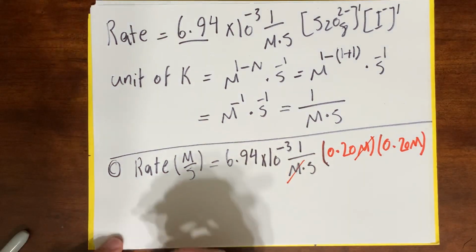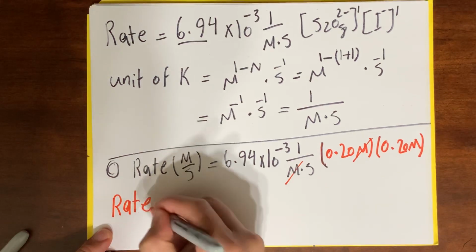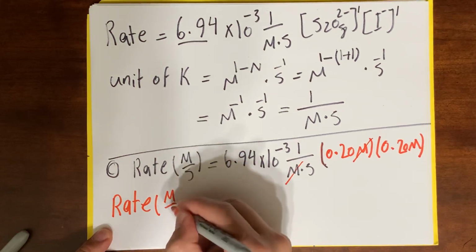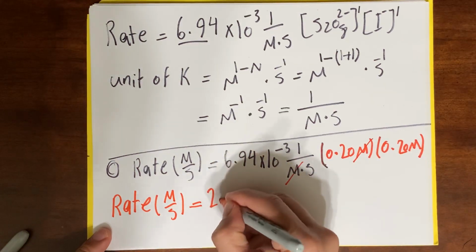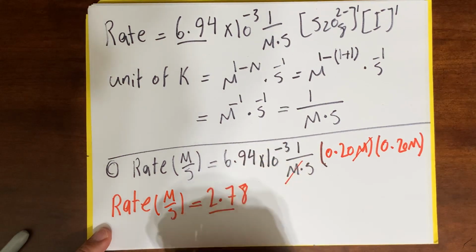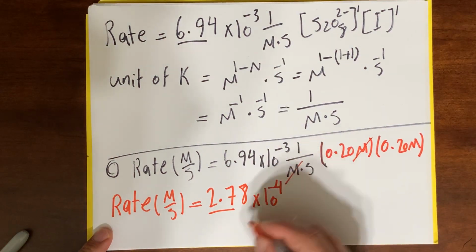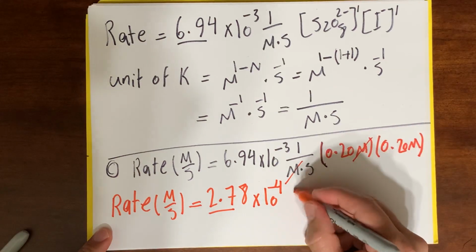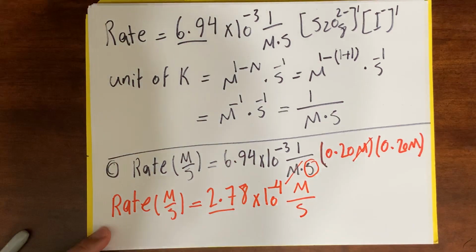So the rate of the reaction is going to be in molar per second, and it will be equal to 2.78 multiplied by 10 to the power of minus 4. For the unit, you have molar, and 1 second here, divided by second.